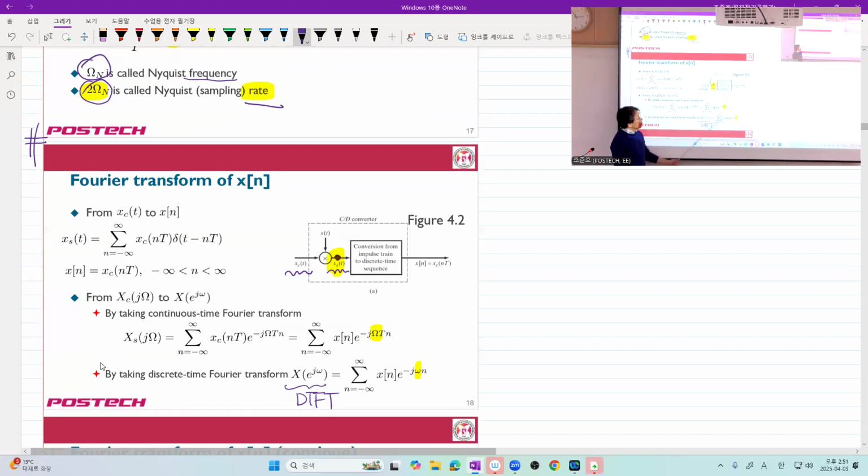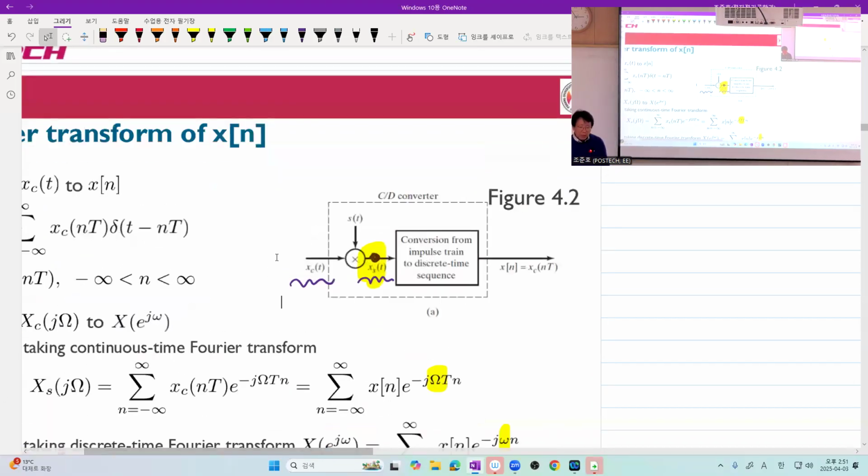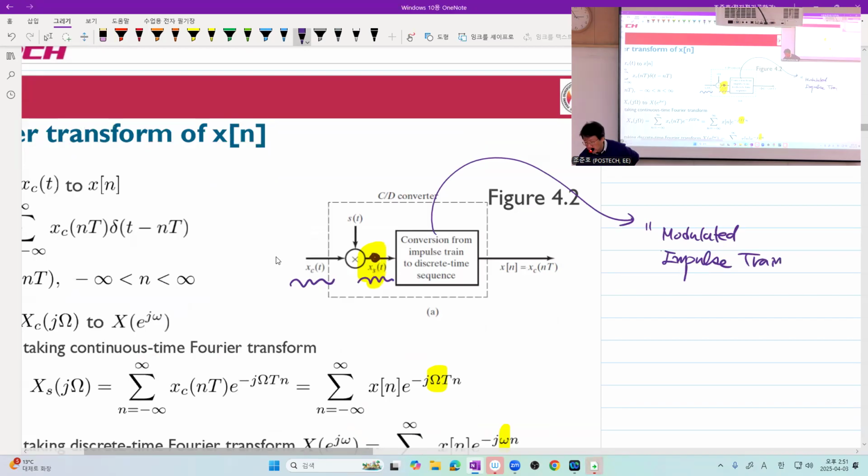Well, here comes a strange block saying impulse train to discrete-time sequence. But I prefer saying modulated impulse train to a DT signal. Ready? Because impulse train usually means an equal height impulse train. But if the height varies, then something changing means modulated. Got it?